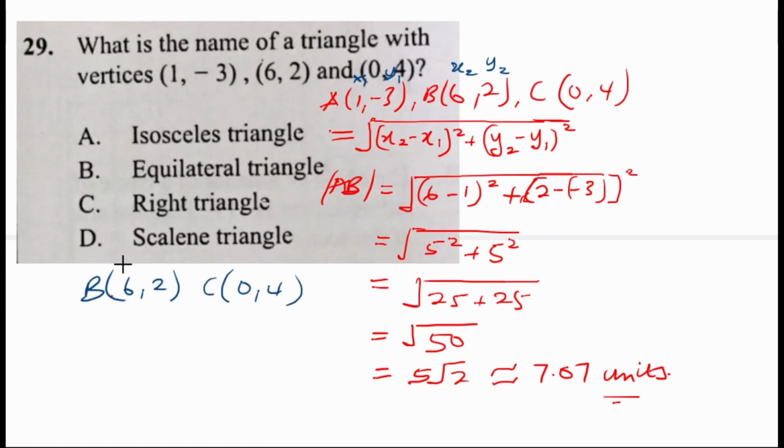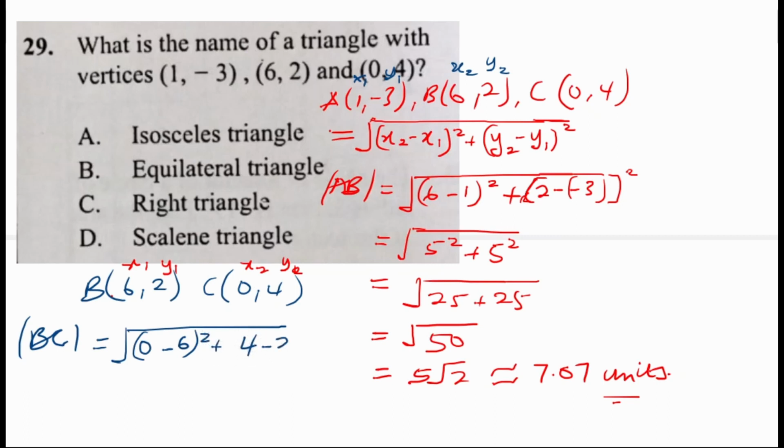By labeling them quickly, this becomes x1, y1, then x2, y2, just to mean the x and y coordinates of the first and second point respectively. And now the length BC becomes the square root of x2 is 0 minus 6 all squared plus y2 is 4 minus 2 all squared.